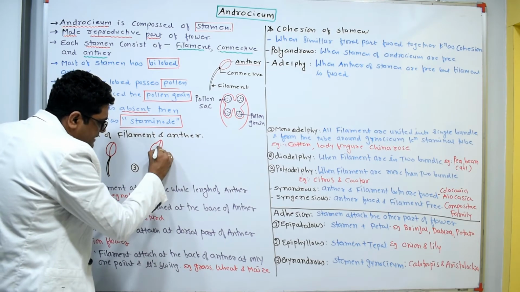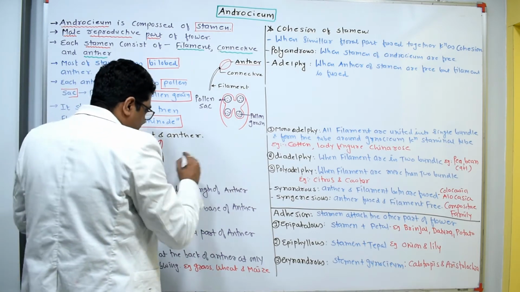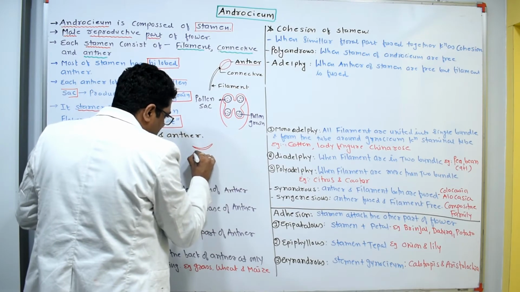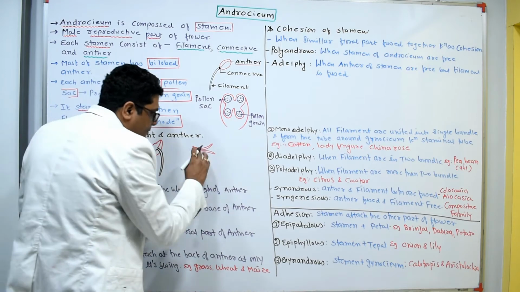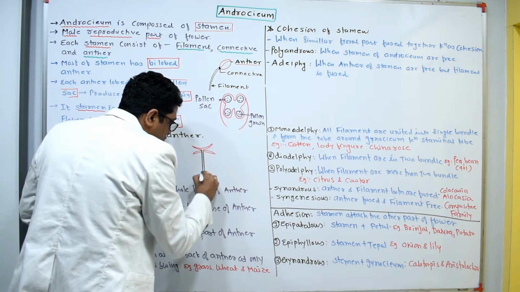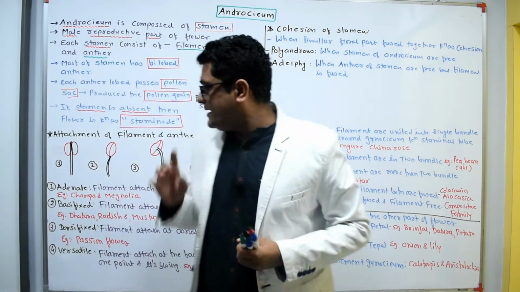Look here: in the adnate type, the filament is attached to the whole length of the anther, and it is found in champa and magnolia. Basifixed: the filament is attached to the base of the anther, found in datura, radish and mustard.